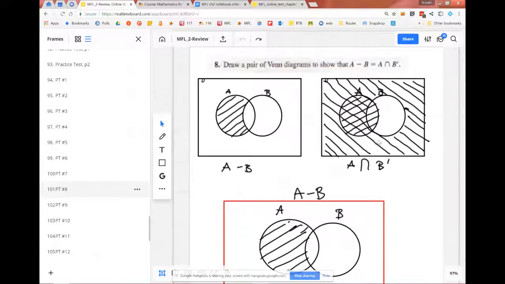Now on the right side, it's a totally different problem. Take set A and intersect it with the complement of B. So here I drew A with those going left to right, uphill slashes, and then for B complement, I used this angle.